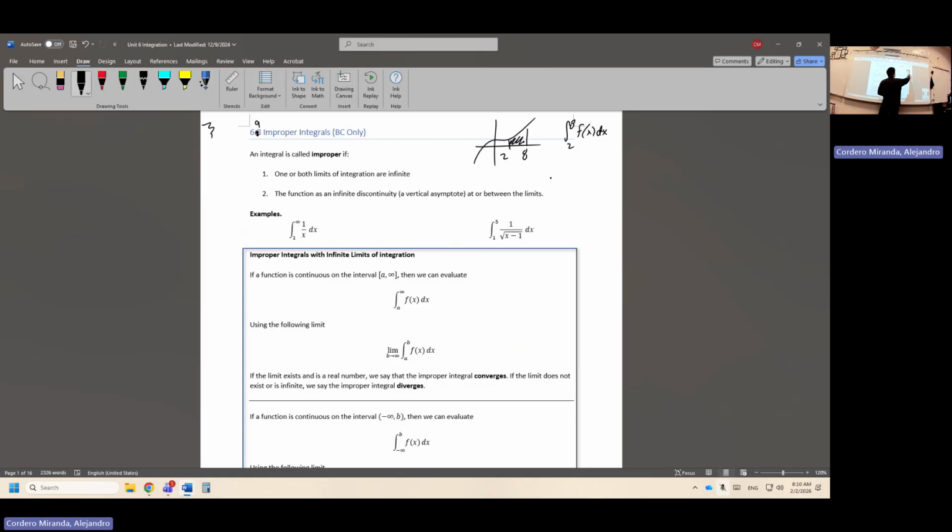So going from, if that's 1 over x, going from 1 to infinity, getting all of this area. Oh shoot, I wrote an 8, but I meant an infinity.